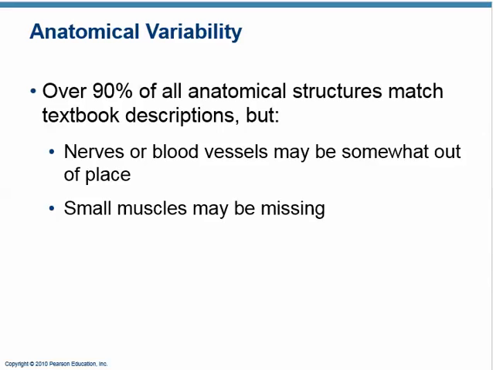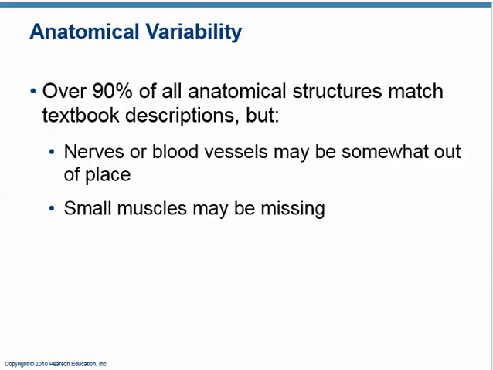Now, this concept of variability is hugely important. I'm going to say that all humans have 7 cervical vertebrae, and this is true unless you have 6 or 8. That doesn't mean that you're not human. It just means that you have a variability.